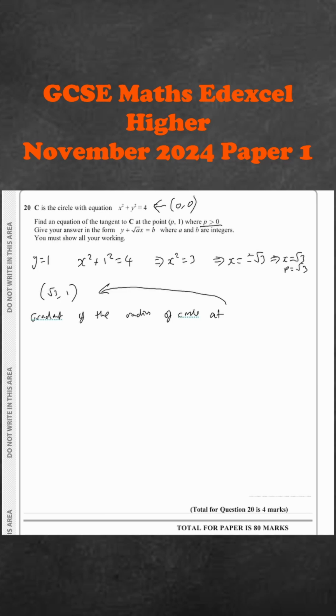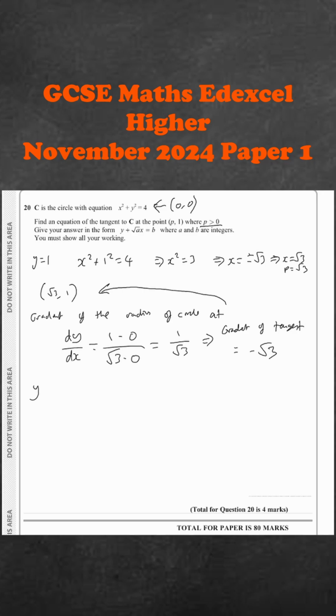So we can say dy over dx is going to be 1 minus 0 over the square root of 3 minus 0. So the gradient of the radius is 1 over root 3. Therefore, the gradient of the tangent is going to be minus 1 over the gradient of the radius, by definition of perpendicular lines. So the gradient of the tangent is minus root 3.